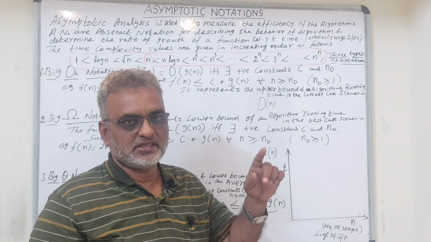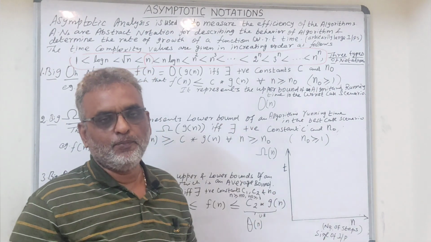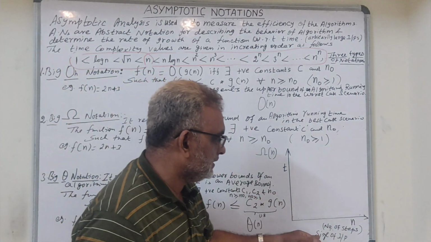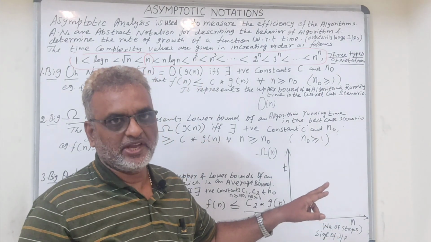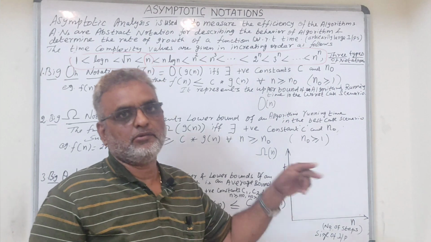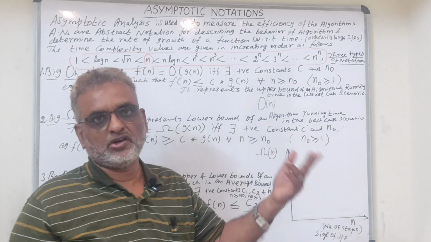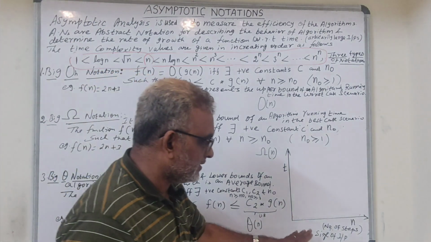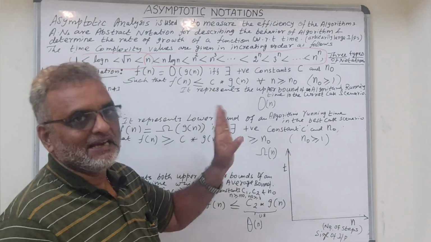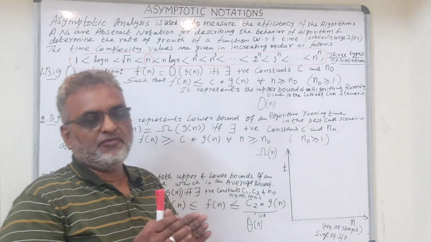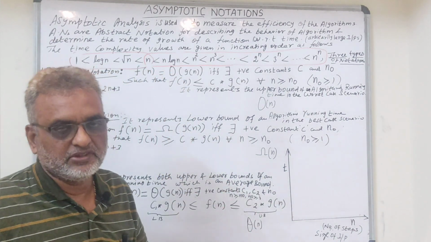Though it is a single statement, it is present inside the loop, so it depends upon the size of the input, that is n. If n value is 10, it will be executed 10 times. If n value is 100, it will be executed 100 times. That is the thing you have to remember. So n represents the number of steps, or you can say the size of the input.